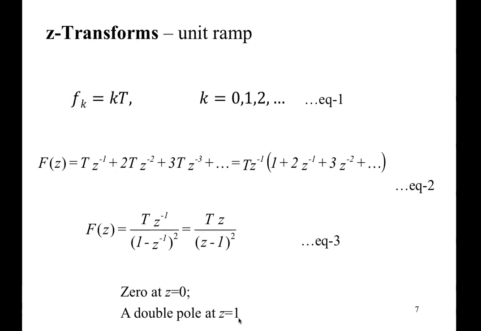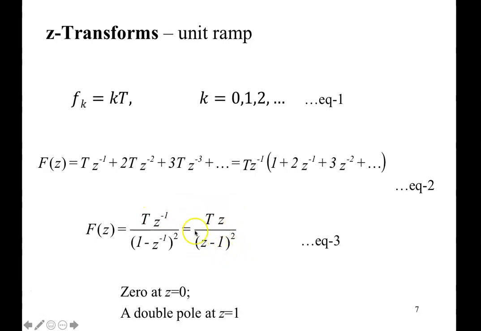By the same approach, we can find the z-transform of a unit ramp. That's when the signal goes up with time. And again, I'm not going to go through that mess. The z-transform can be expressed in the negative power of z or the positive power of z.